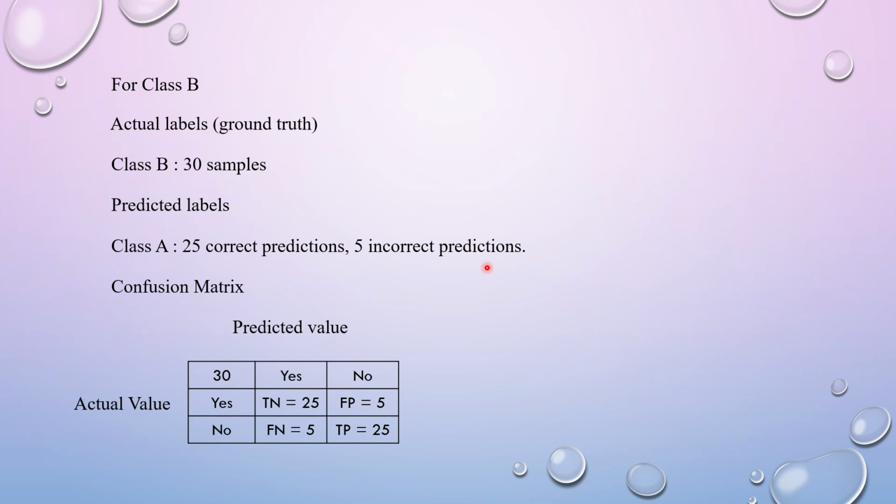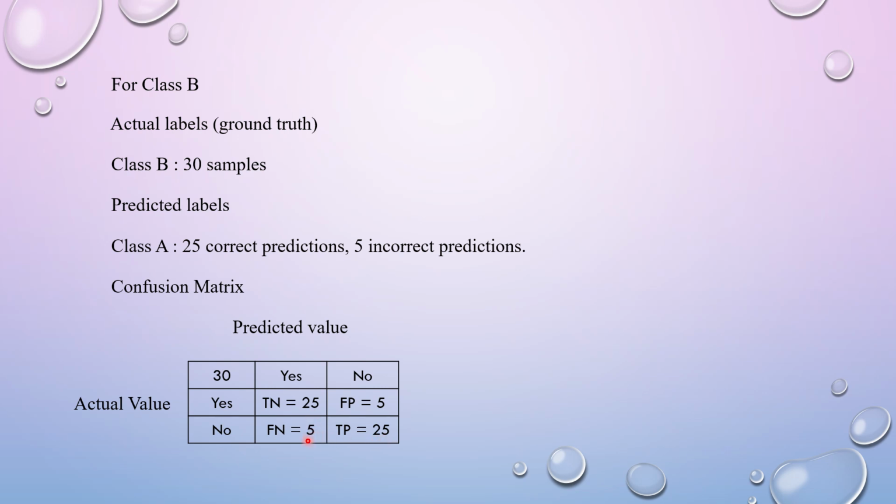Total is 30 samples. So in this table we put true negative, false positive, false negative and true positive. True negative is equal to 25, false positive is 5, false negative is 5 and true positive is 25.